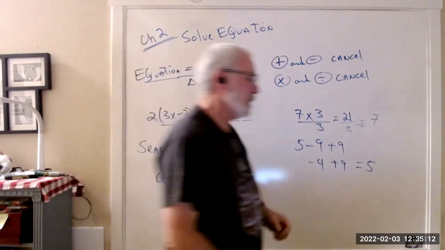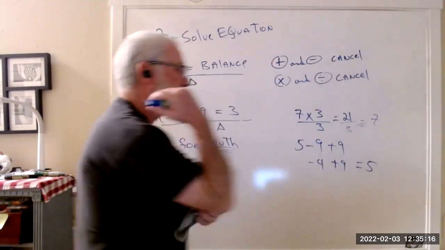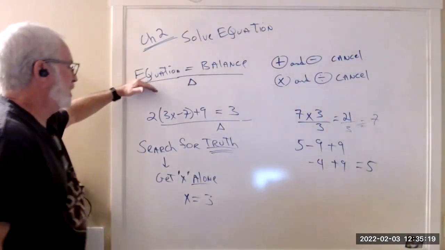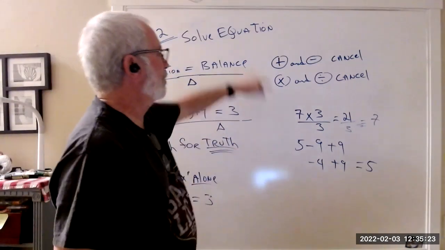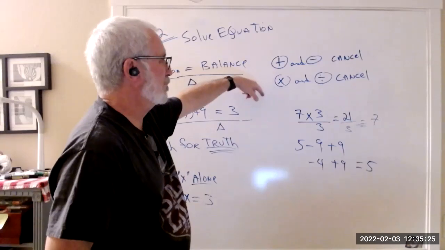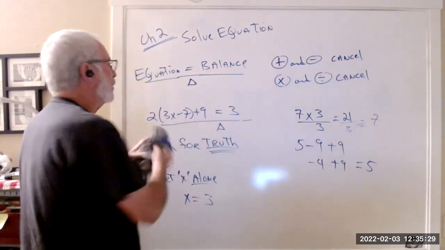So we're going to use all of these ideas in our equations. We're going to use the idea of balance, truth, and we're going to do some problems. And also the idea that addition, subtraction, multiplication, division cancel each other out. So we're going to use all of those.